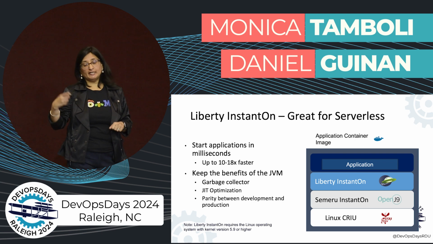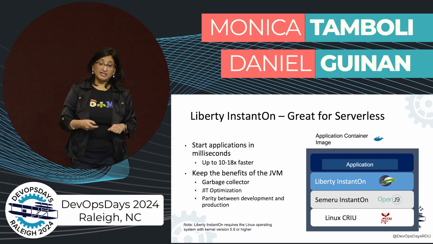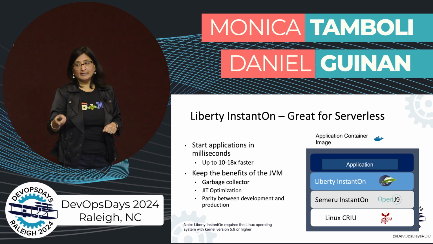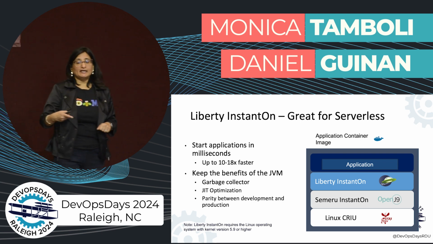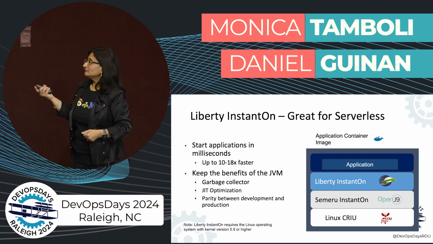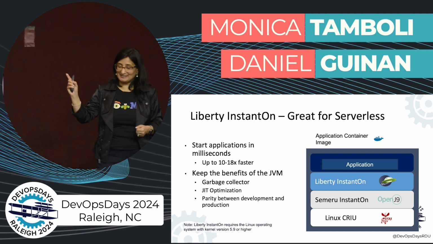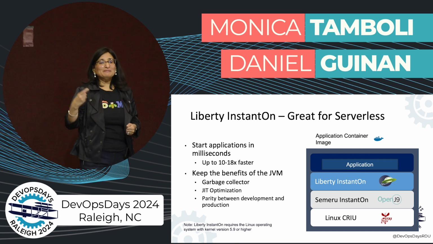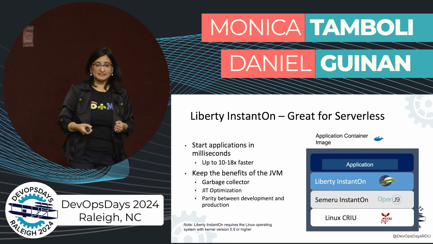And Semeru JDK uses Eclipse OpenJ9 JVM, which is based on the Linux CRIU feature, which we just talked about. So what this enables is that your application, which typically took seconds, I thought you were going to say minutes, but yeah, let's say seconds, I mean, it's to milliseconds, depending, and it can be up to 10 to 18 times faster.